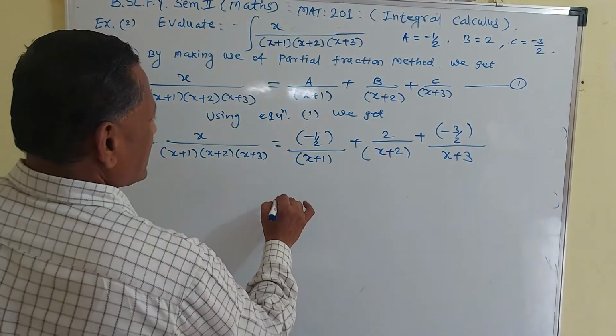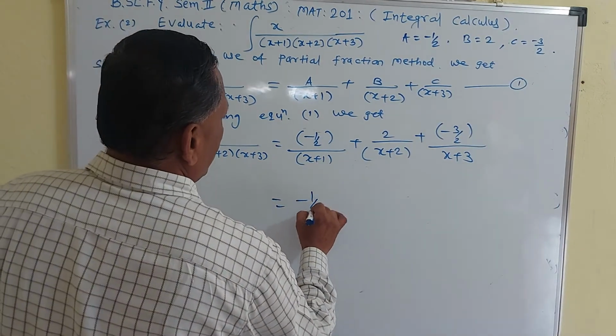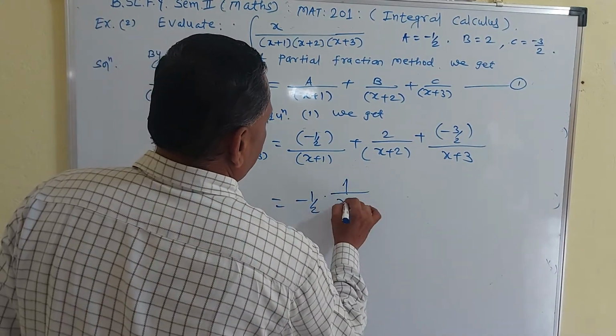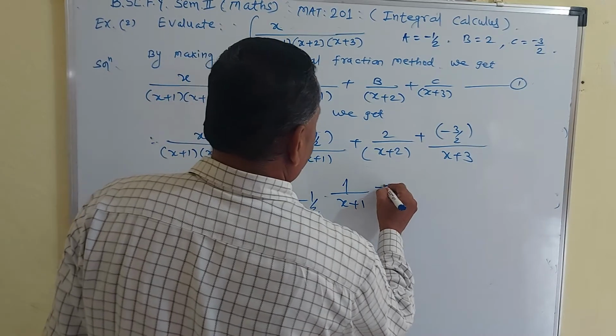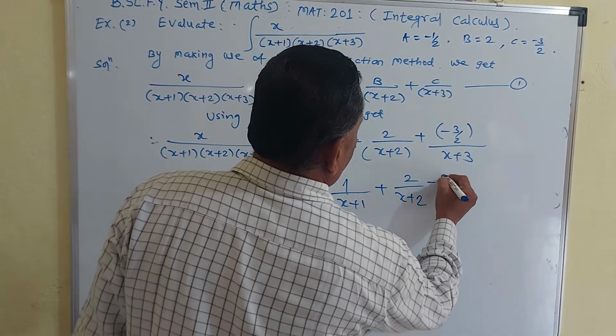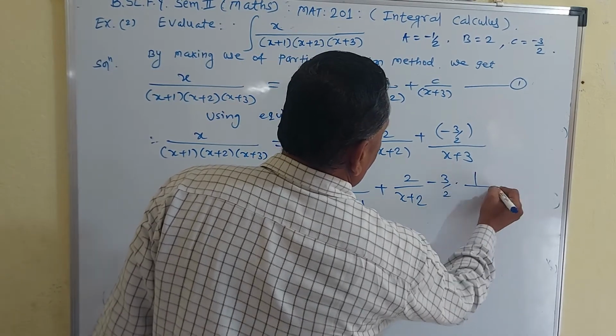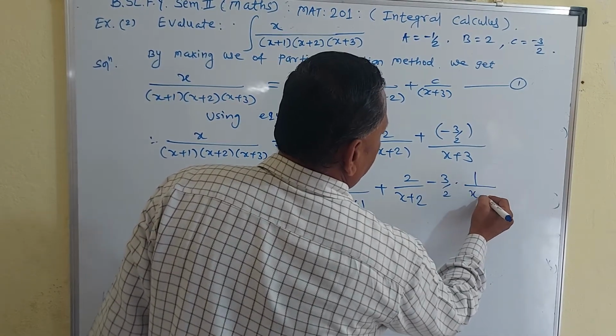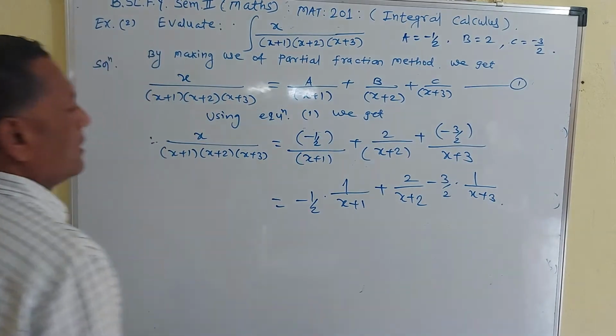Or this can be written as minus 1 by 2 into 1 upon x plus 1, then plus 2 upon x plus 2, minus 3 upon 2 into 1 upon x plus 3.